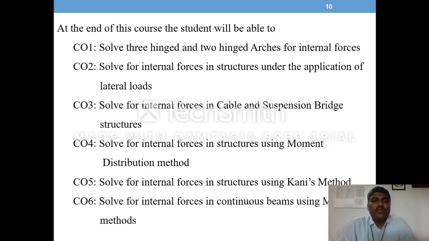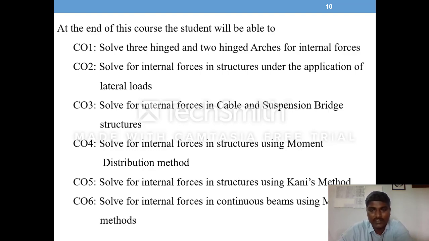So for the course that I am dealing with as a teacher, the Structural Analysis 2 course will have 6 outcomes. Each unit will have one outcome. So for the first unit, what is expected from the student after undergoing this course, this is what is the course outcome.